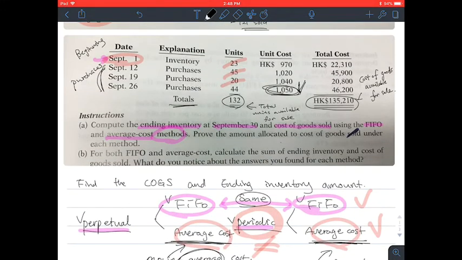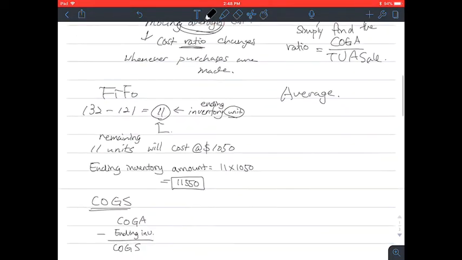And we have this COGA here, which is $135,210.